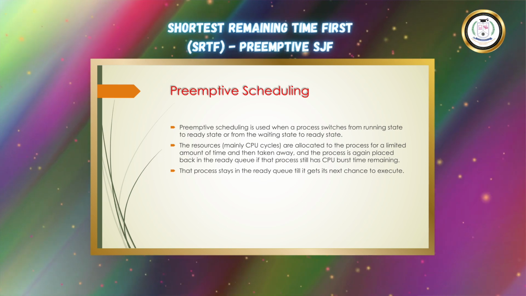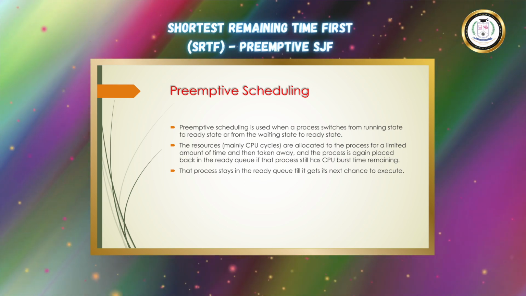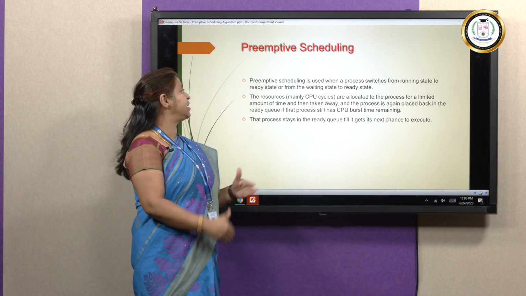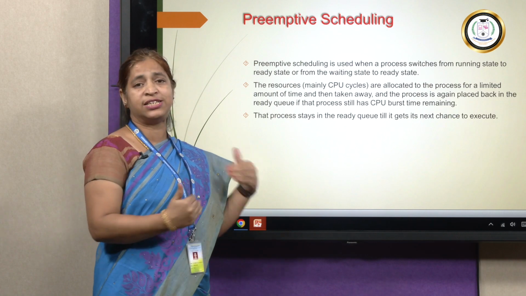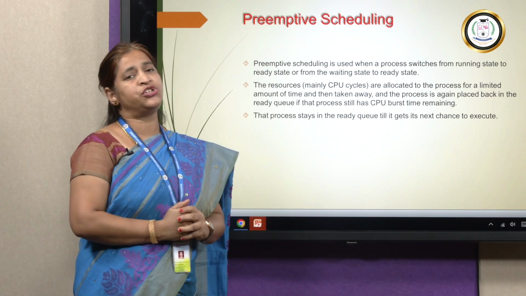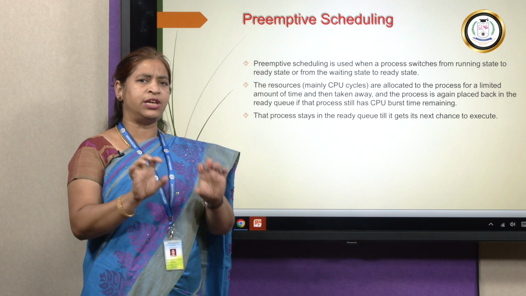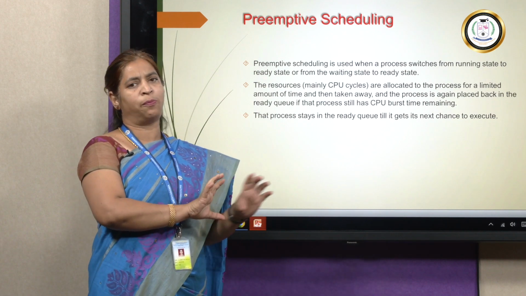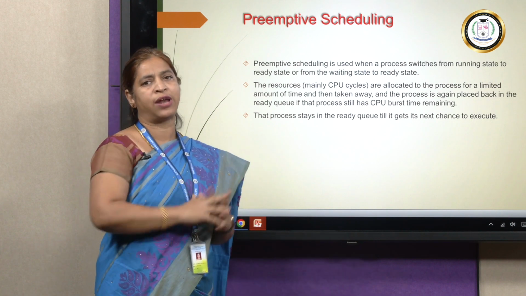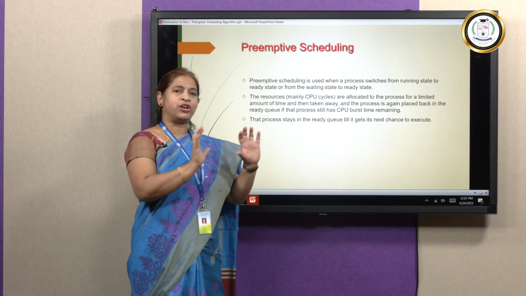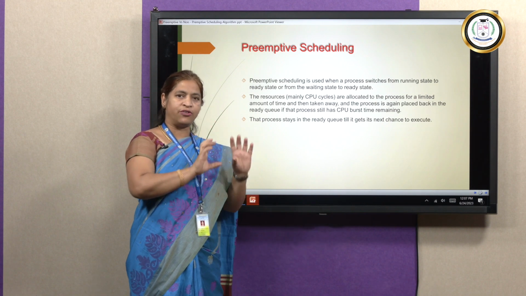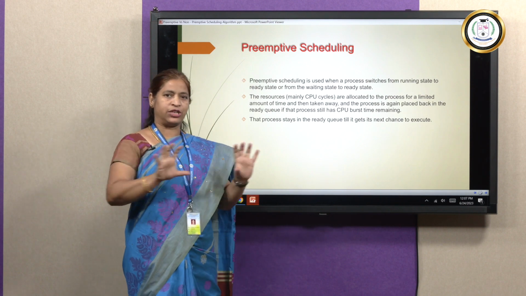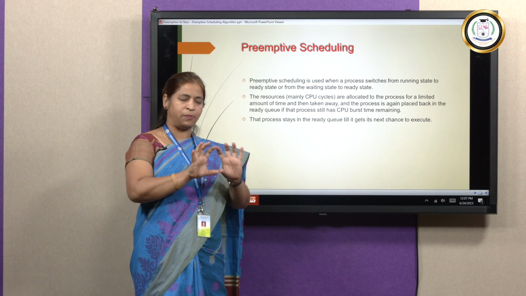Let's talk about preemptive scheduling. This particular scheduling is used when a process switches from running state to ready state, or from waiting state to ready state. As I mentioned earlier, all the processes initially would be in the ready queue. Once CPU cycles are allocated to a particular process, it will be switched to running state, and it is getting executed.